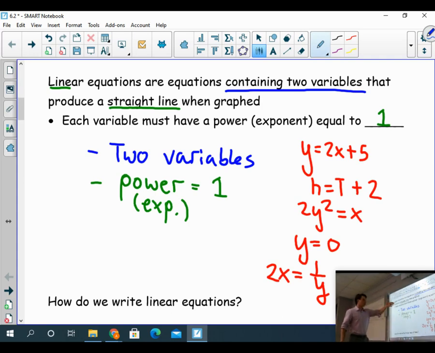Does it have two variables? Yes. We see a y and we see an x. Both have powers of 1, so is this a linear equation? Yes, it is. Similarly, we look at the second one. While we don't see a y and x, it still has two variables, both to the first power, so this is, in fact, a linear equation.